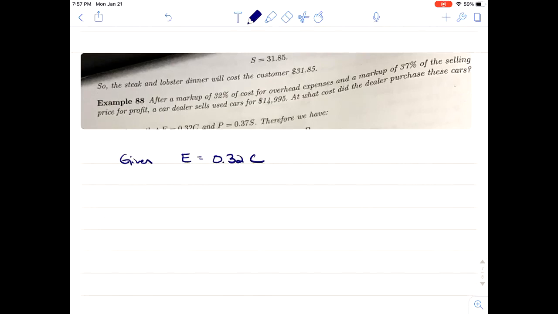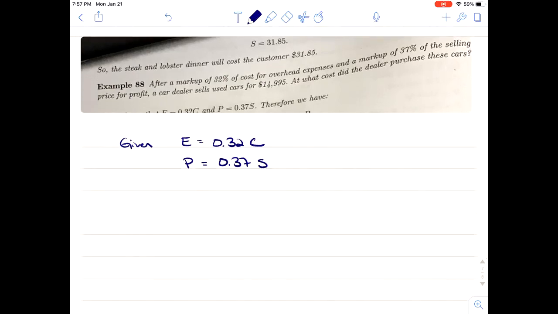So now we've got profit is 0.37 S. And the dealer sells the cars, so we know the selling price is $14,995.